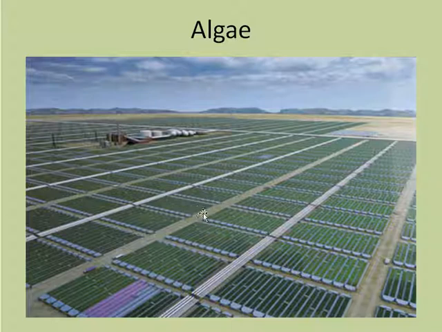We can take the middleman out of the millions of years of decay and grow specific strains of algae that can produce up to 50% of their weight as lipids, which is pure oil. The other thing that algae needs to grow is carbon dioxide.